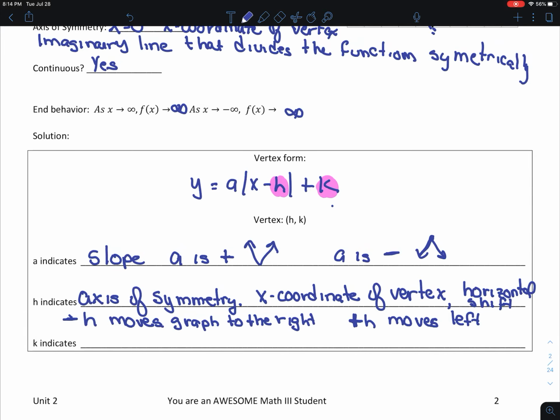So if it's x minus 2, then it's going to move 2 units to the right. k indicates the y-coordinate of the vertex. And it represents a vertical shift.